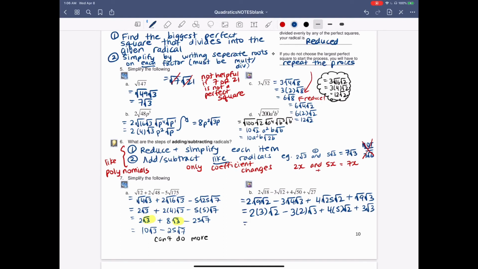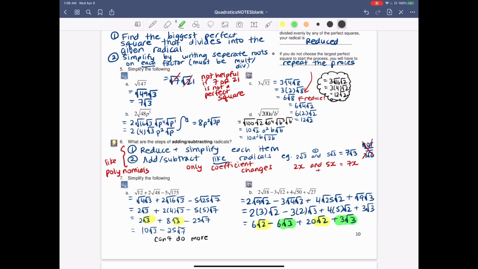Okay, simplify. 2 times 3 is 6, square root 2. 3 times 2 is 6, square root 3. 4 times 5 is 20, square root 2, plus 3, square root 3. Can I simplify this any further? Yes, I can. Are there any other parts that can be combined?